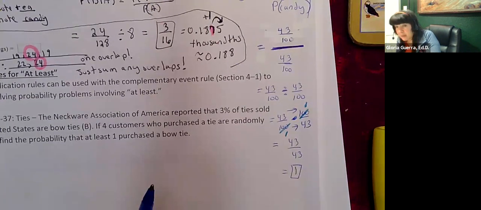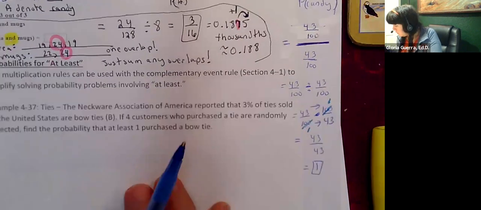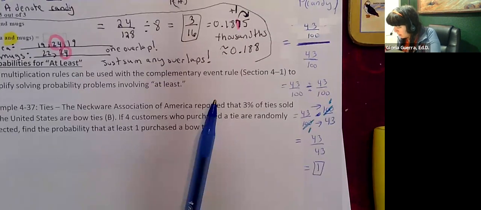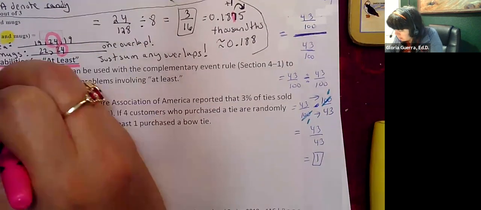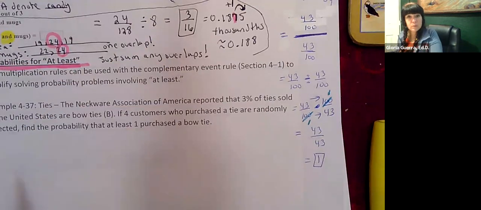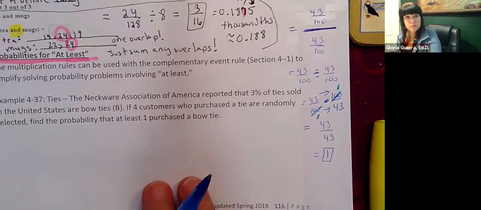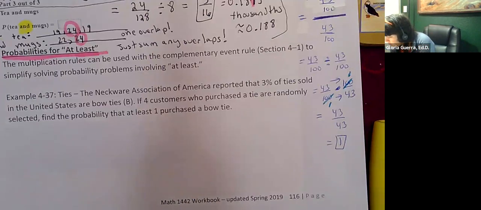Okay, now this last concept is something called at least. You see this right here? Probabilities for at least. The multiplication rules can be used with the complementary event rule to simplify solving probability problems involving at least.